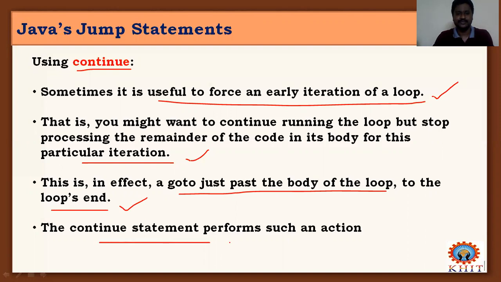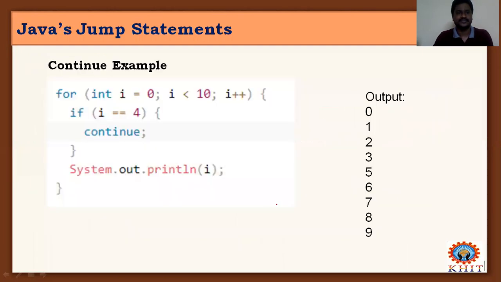The continue performs such an action in the loop. Example here: for loop i equal to 0, i less than 10, i plus plus. When i equals 4, it continues. So it simply displays the i value: 0, 1, 2, then here.